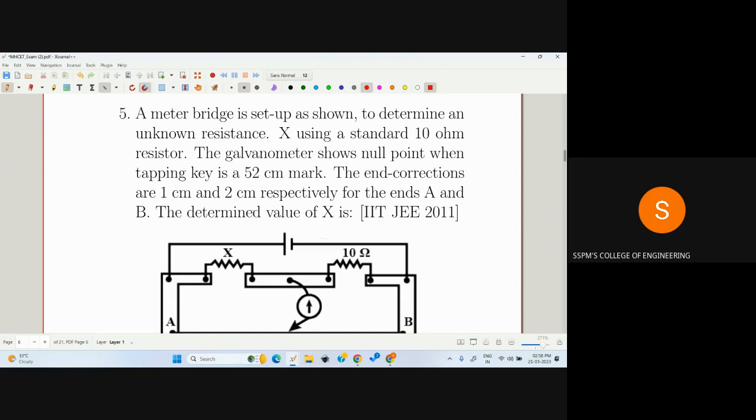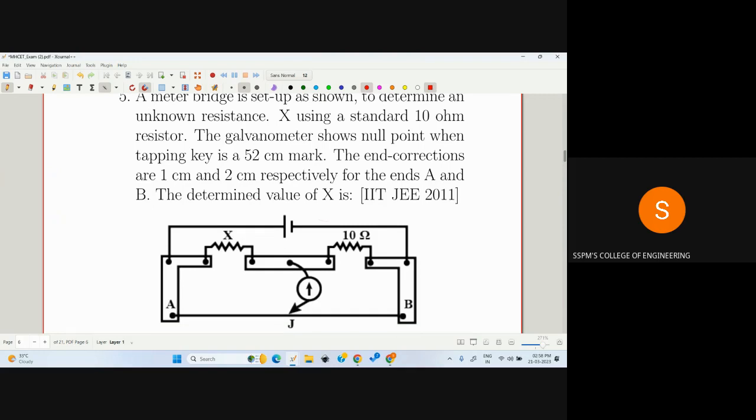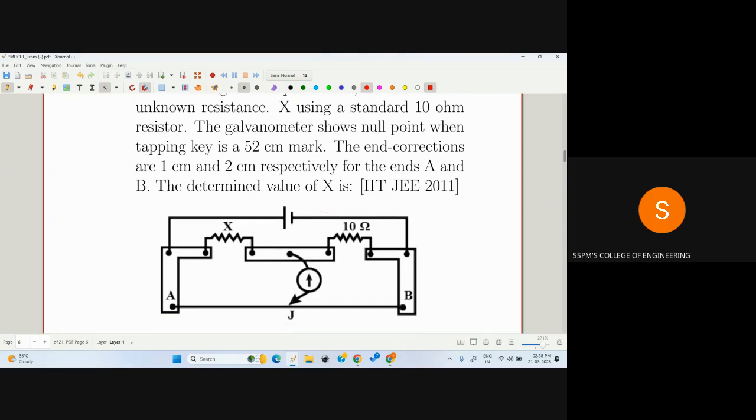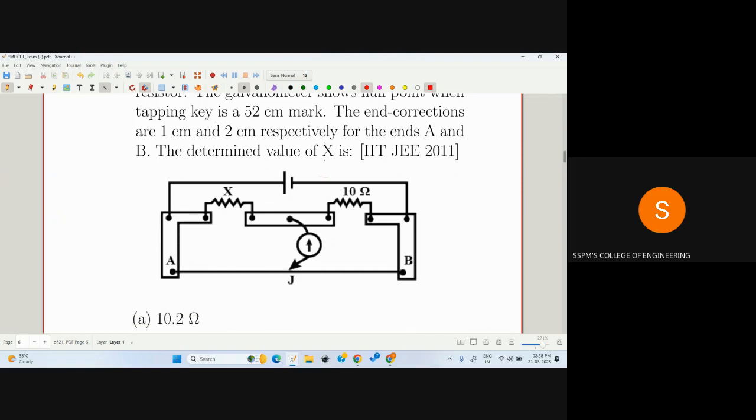The galvanometer shows a null point when the tapping key is at the 52 centimeter mark. The null point is given at 52 centimeter. The end corrections are given as 1 centimeter and 2 centimeter respectively. It means you have to add 1 centimeter to the left hand side reading and 2 centimeter to the right hand side reading. And you have to find X.